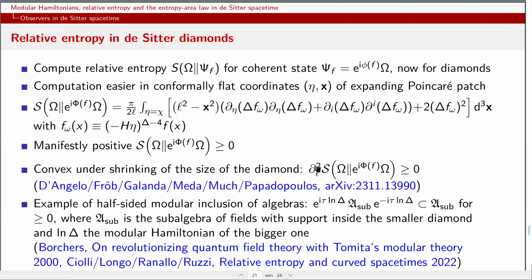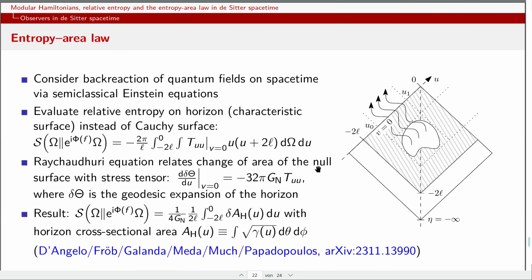And okay, so now we have a nice small region accessible to an observer. We have the relative entropy. What can we do with this? Well, we can look at backreaction. We have our quantum fields here, where the function f has its support in a small region, a small diamond of size 2L inside the static patch. These are massless conformally coupled fields, so they propagate on the light cone.